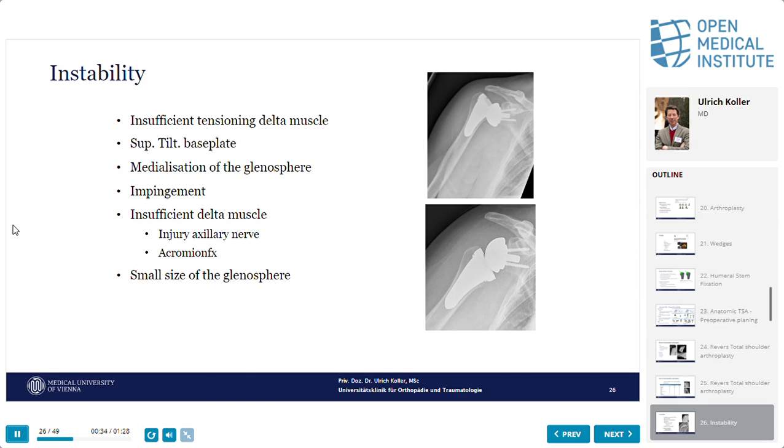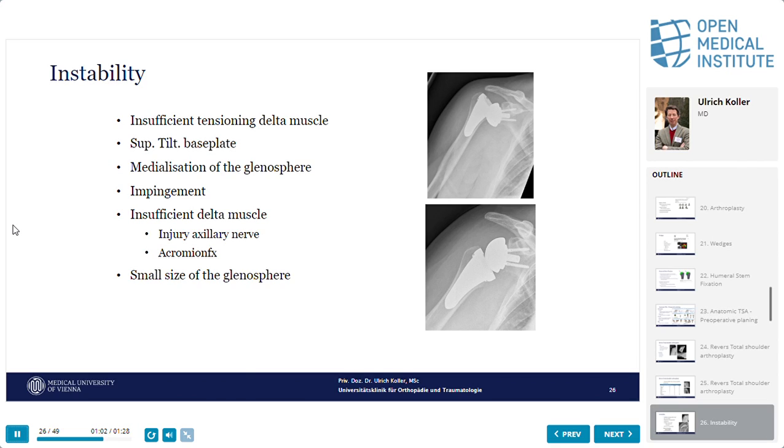So I just used a polyethylene 3 millimeters higher to make it stable again. This was not an iatrogenic luxation due to an iatrogenic failure of the implantation. No, this man was walking with his dog, and the dog pulled on the arm, and then it luxated.